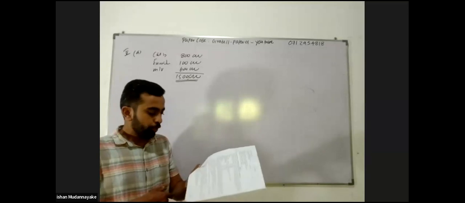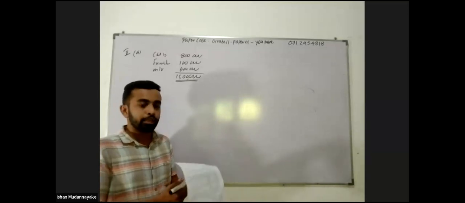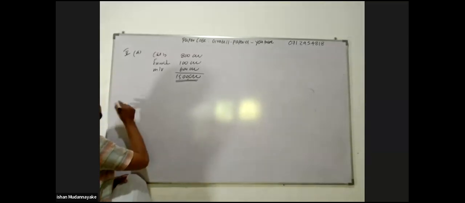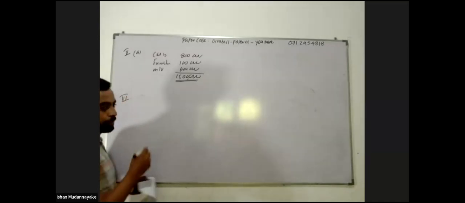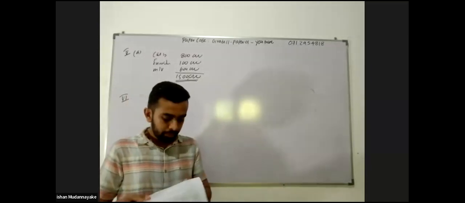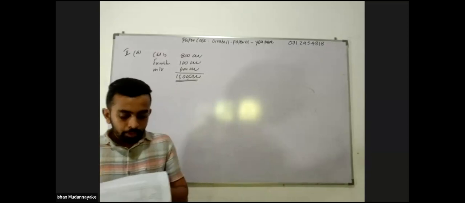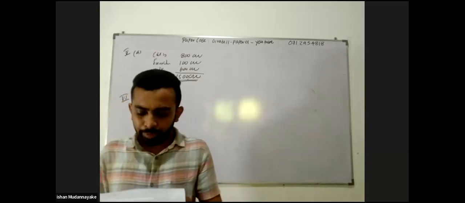Look at the Roman number 6. What are the other sources available to supply money for the success of the business?